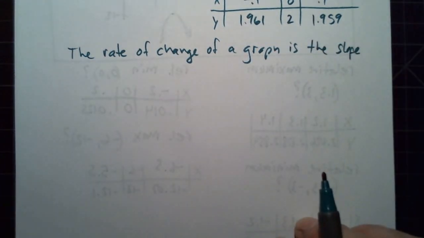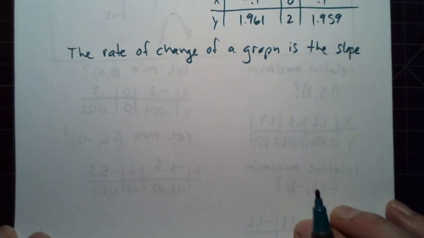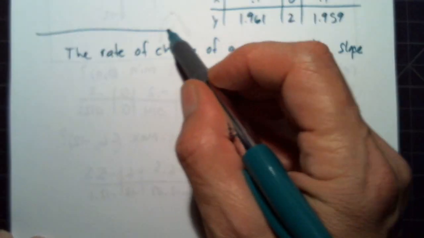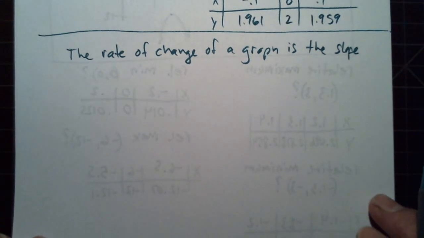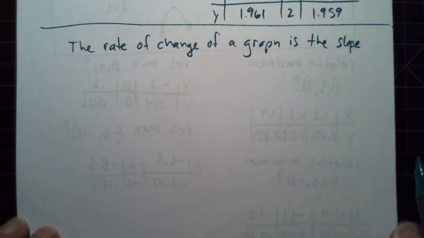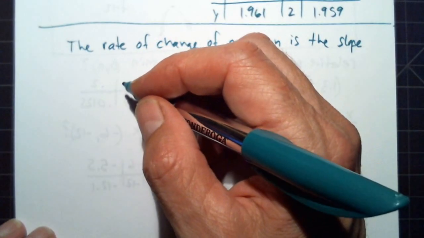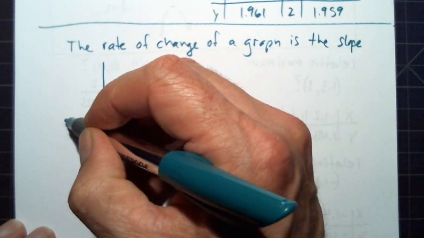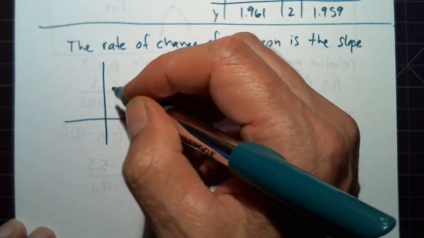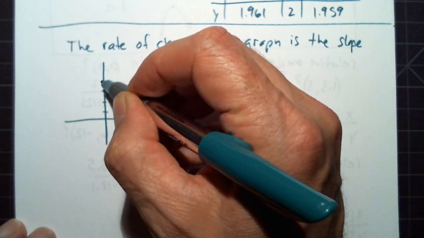Rate of change is another phrase for slope. We're not going to find the slope of every graph. That is going to be in calculus, and here we're just going to find the average rate of change of a graph.